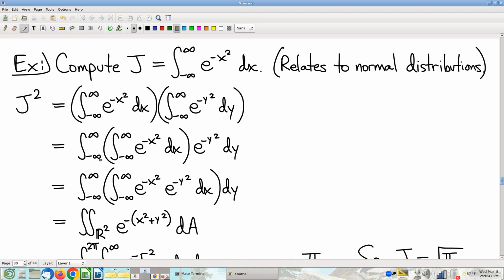Now, next, let's look at this integral. And let me remind you that when you have an integral inside of an integral, the variable further to the outside is a constant, and that means that I can treat this e to the negative y squared as a constant. I can toss it inside of my dx integral.